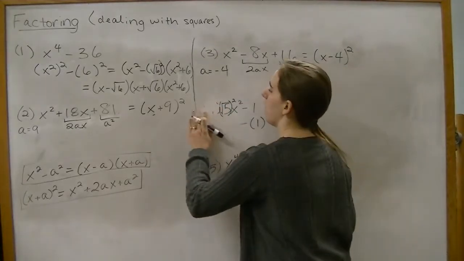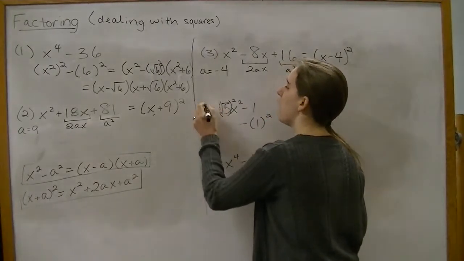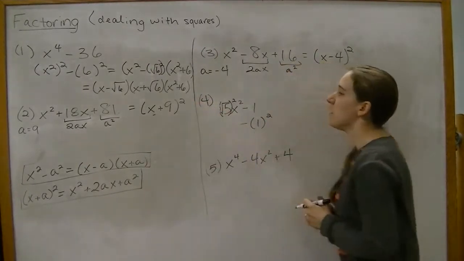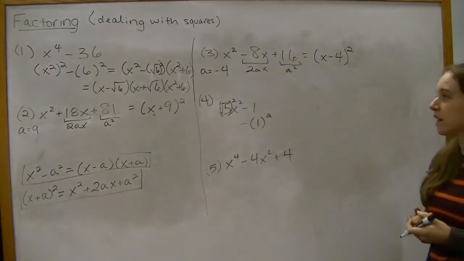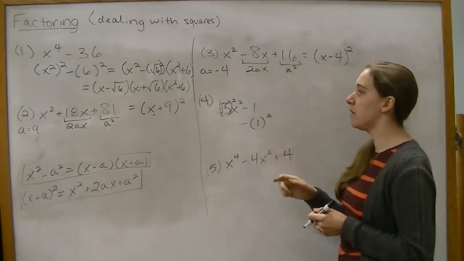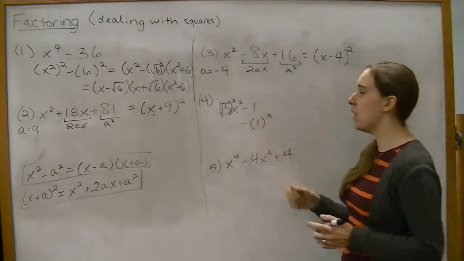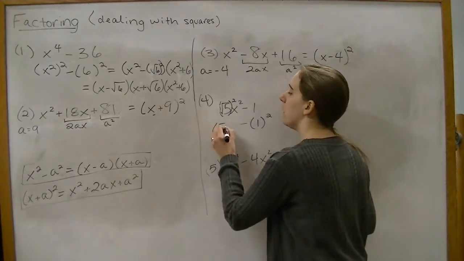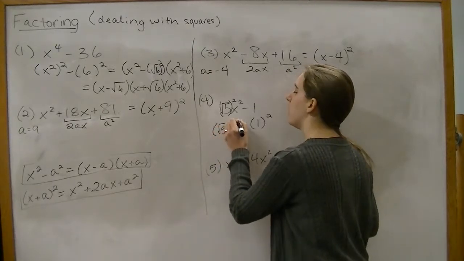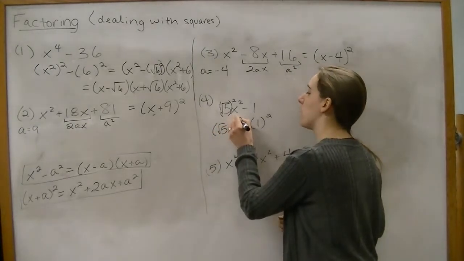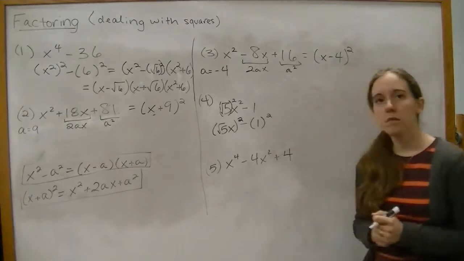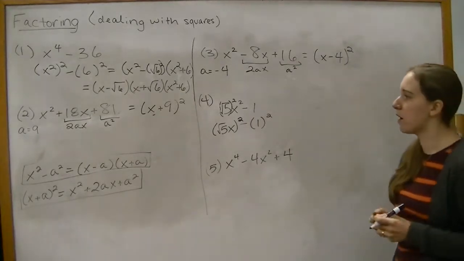Move this out of the way so we don't get confused. We have the square root of 5 squared times x squared minus 1. Well, if I'm multiplying the square root of 5 squared times x squared, that's the same thing as taking the square root of 5 times x and squaring it, because I can multiply in whatever order I want.